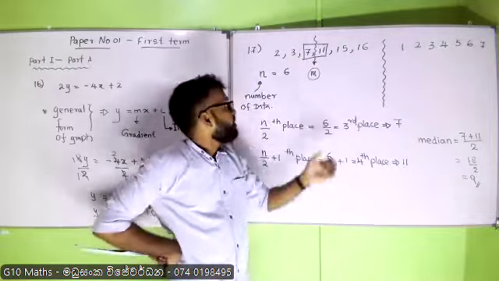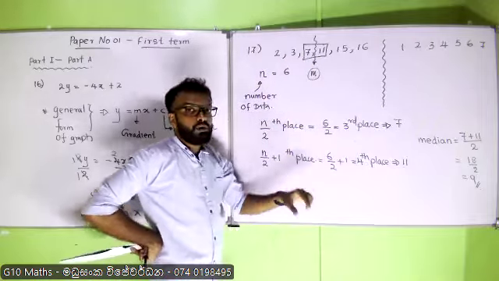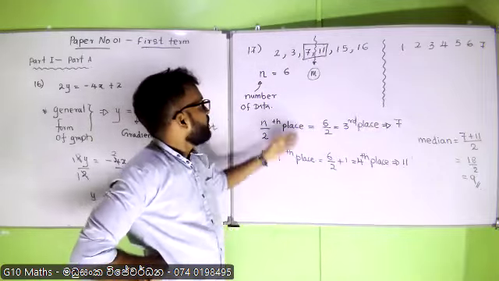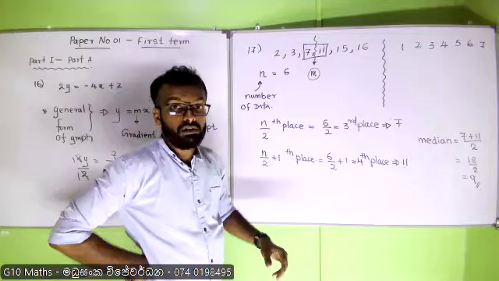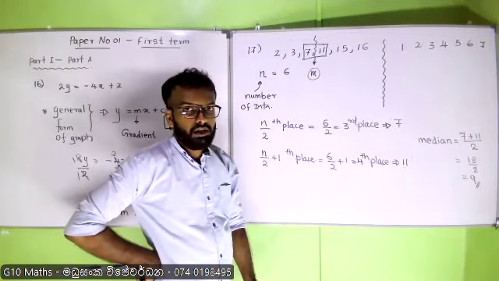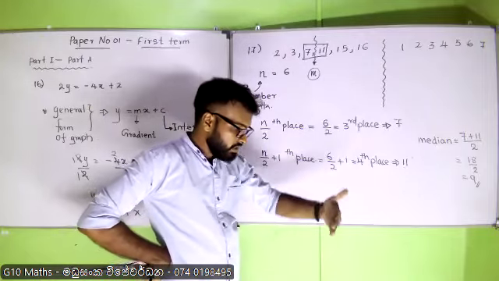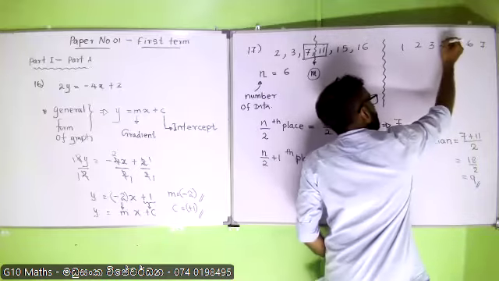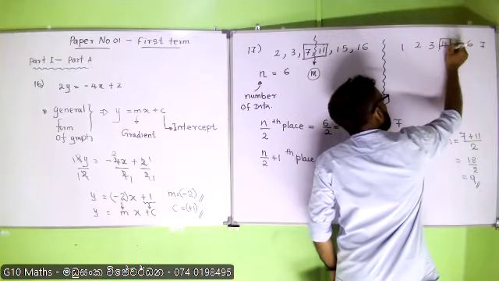But when you have an even number of data, you cannot say 7 is the median, or 11 is the median. No. You need to find the half of this data set.